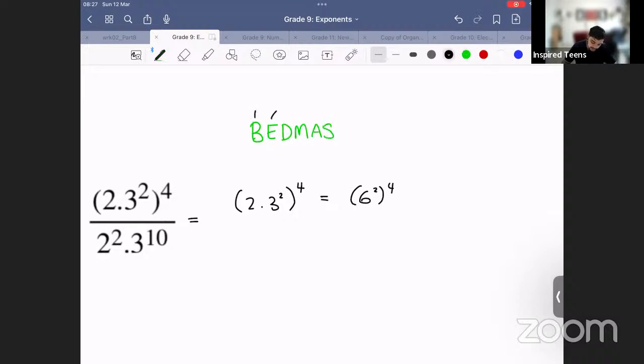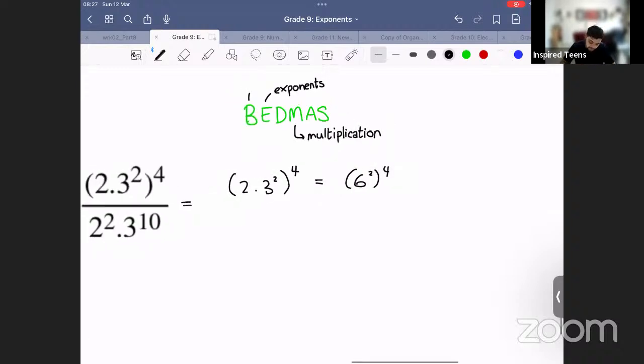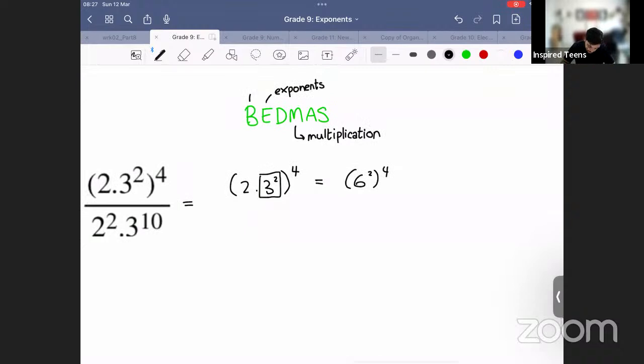We have brackets, exponents, and we always have to simplify exponents before multiplication. So we'd have to do this calculation first, before we do that calculation.